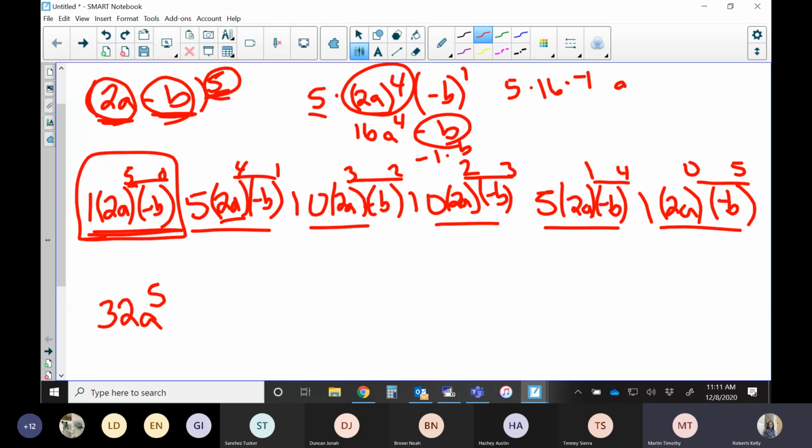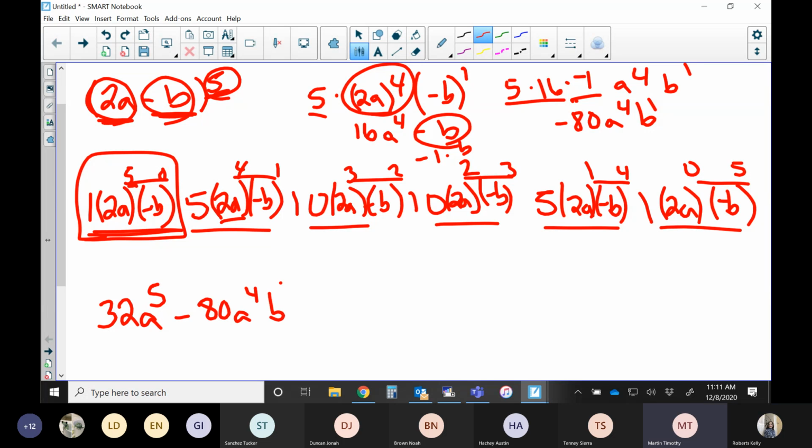And then A to the 4th, B to the 1st. And when I multiply 5 times 16, it's 80. And then 80 times -1 is a negative 80, A to the 4th, B to the 1st. So my next term is a negative 80, A to the 4th, B to the 1st.